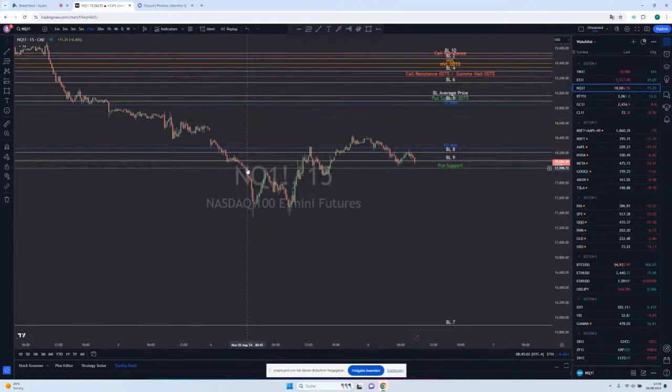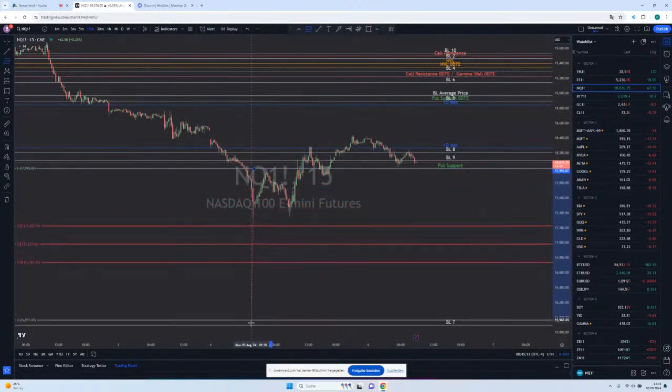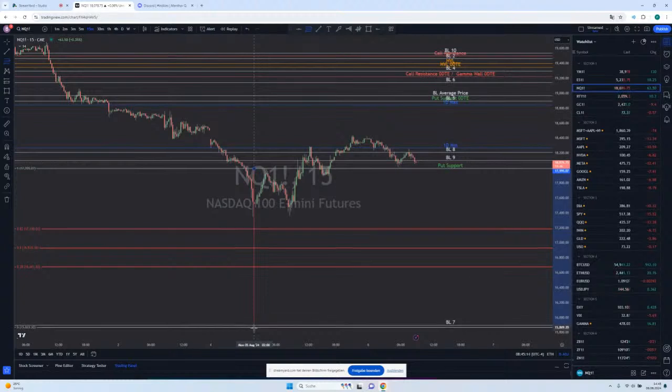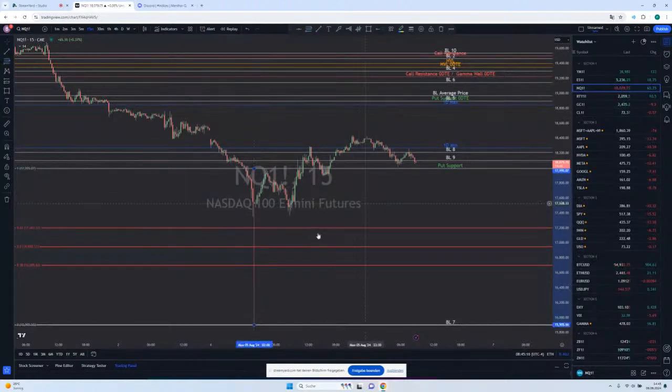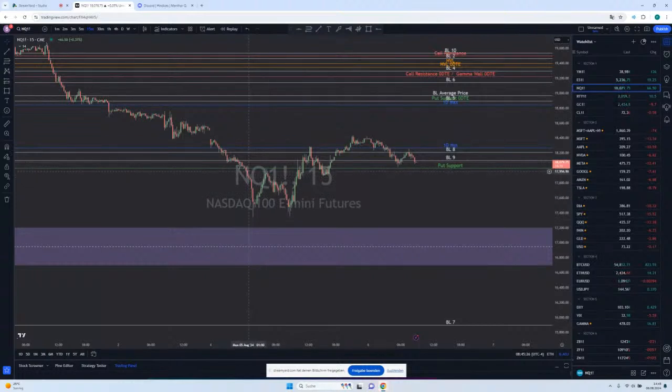So technically, what we can do, and I always do the same, I say to myself, draw the Fibonacci from put support to the last blind spots level. So we have BL7. Here we go. So this could be some area where we possibly have a target, where the down move can end.